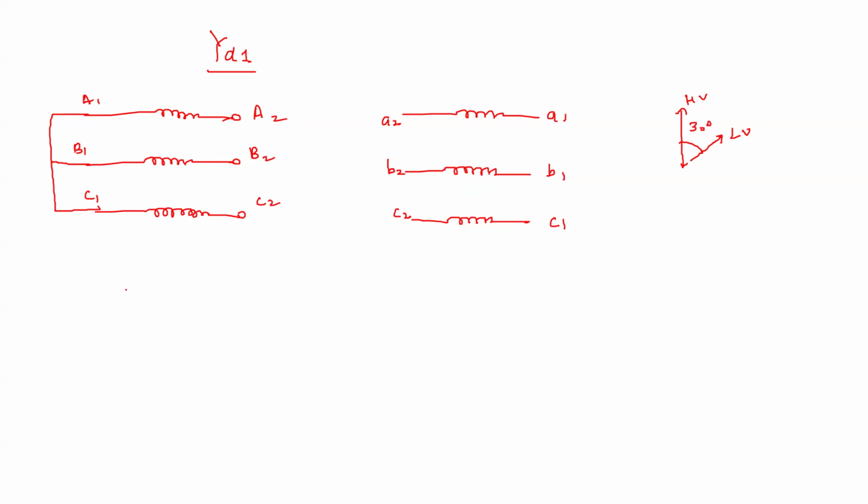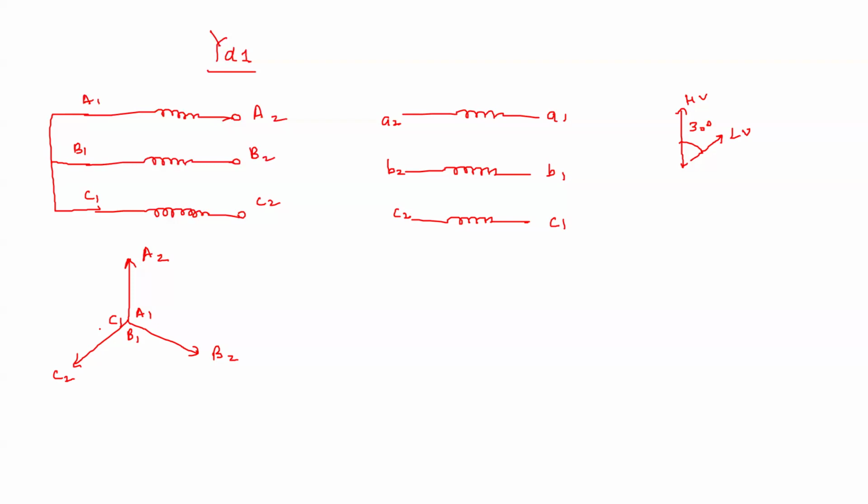Now, let us first draw the star winding one. So this is the star winding. So here A2, A1, B2, B1, C2, C1. Okay, so this is the situation.